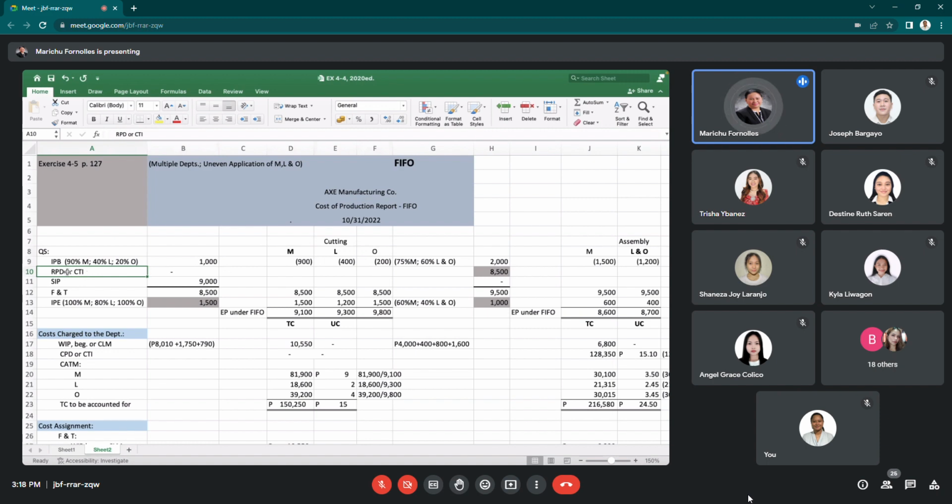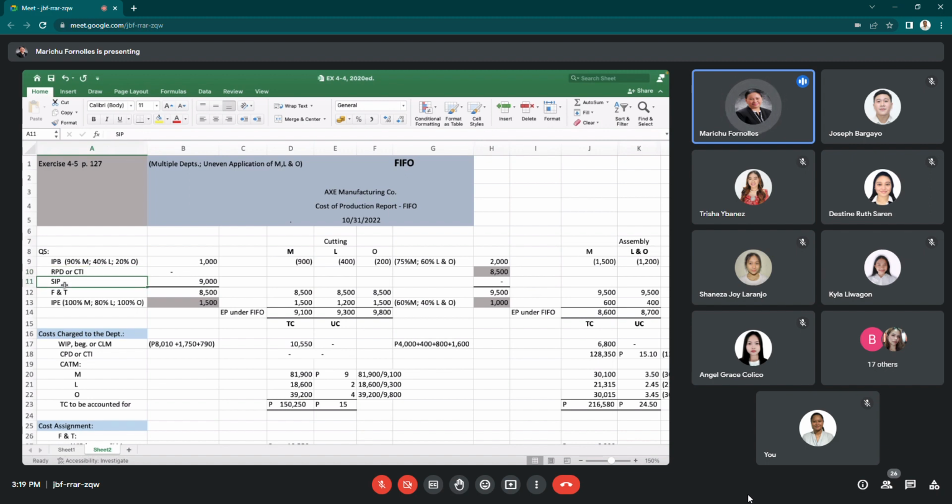So this caption does not apply to cutting because cutting has no previous department as it is considered as the first department. But we place the caption here because that is needed by the subsequent department, which is assembly department. And we write the caption only once on the left-hand side of the spreadsheet.